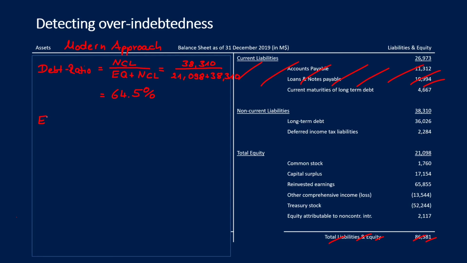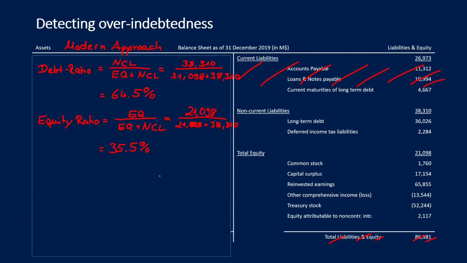The equity ratio, accordingly, is defined as equity divided by equity plus non-current liabilities, and that is 21,098 divided by 21,098 plus 38,310, and that is 35.5%.